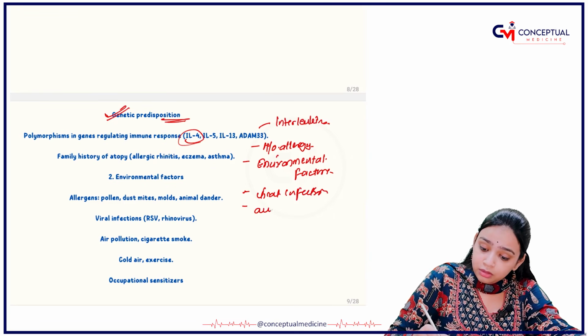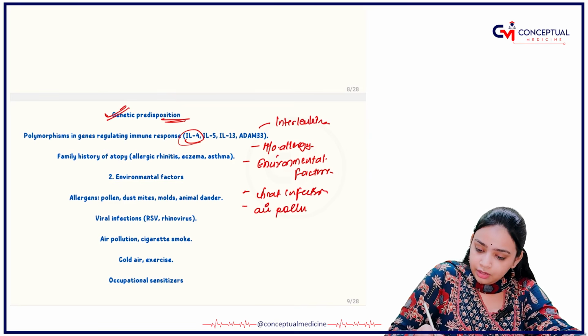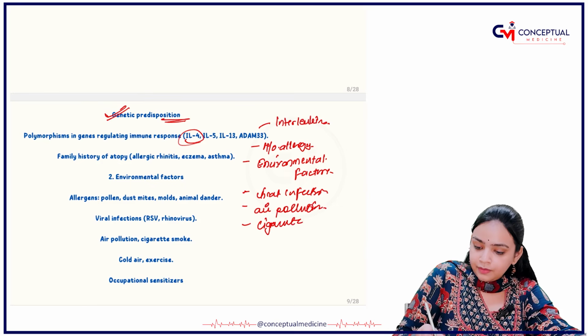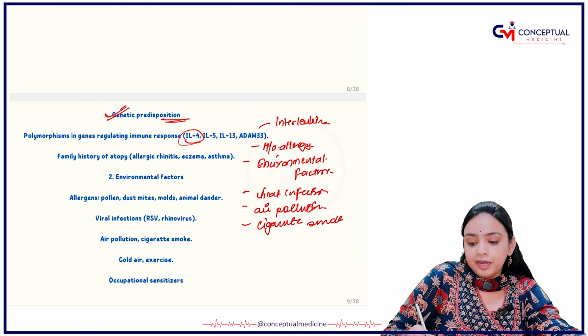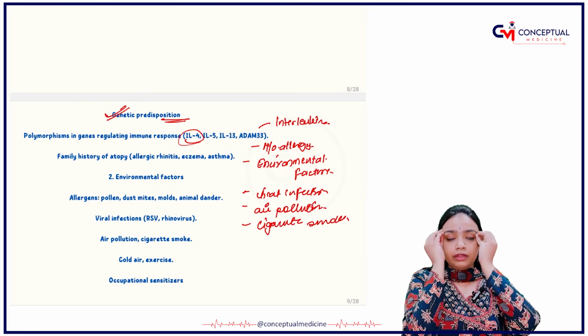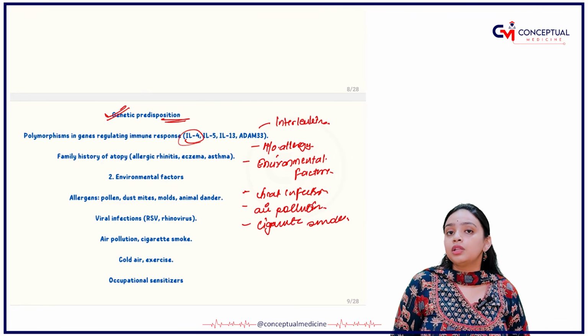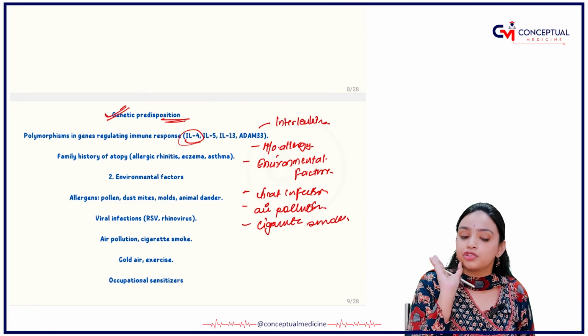Air pollution, the main hero of everything. Then cigarette smoke. See, in this respiratory chapter, cigarette smoking will be a hero everywhere. So if you are not able to recall the risk factors, remember cigarette smoking.